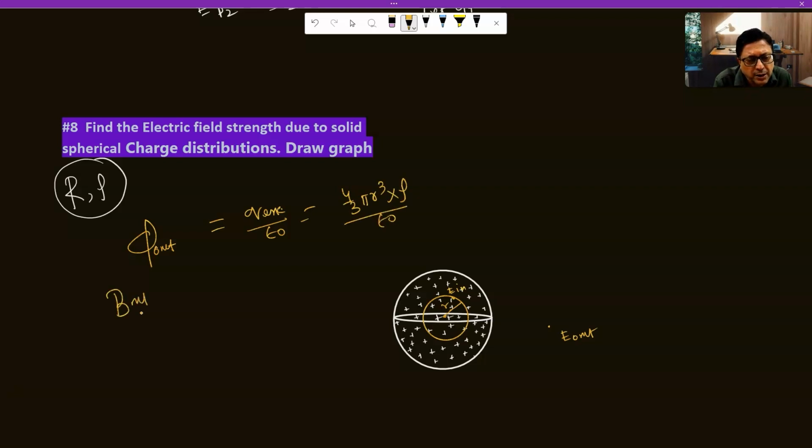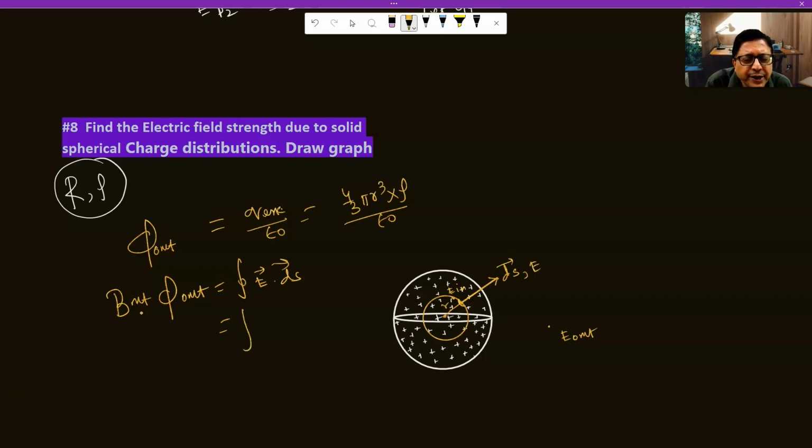But by formula, the integral of E dot dS is equal to what? You take any portion here, that area vector is radially outward, and the electric field is also radially outward. E and dS have the same direction.